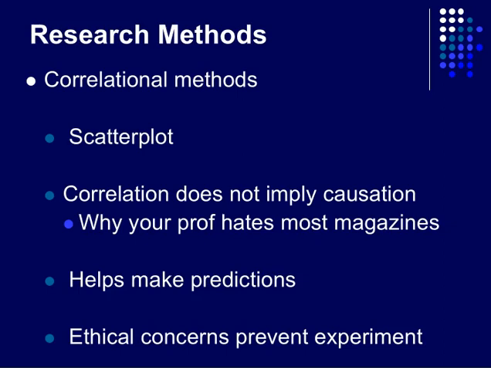Because it's not ethical, it's illegal, it can cause addiction, it can cause all these problems. I can't do that. But what I could do is look at folks who are already using such medications and try to establish a relationship.